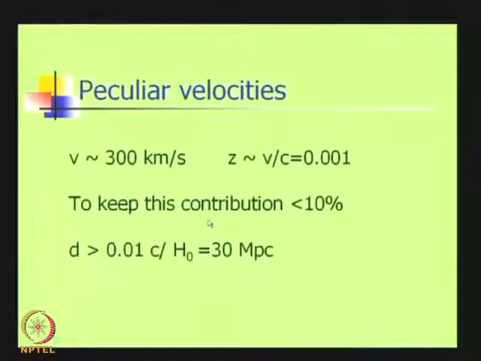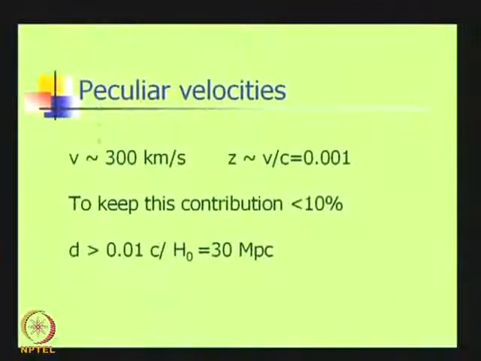So, let us now take a closer look at the subsequent developments since Hubble. The basic problem in determining the Hubble parameter lies in the fact that you have peculiar velocities, and the notion of a peculiar velocity is something new. So, let me spend a little time discussing this.